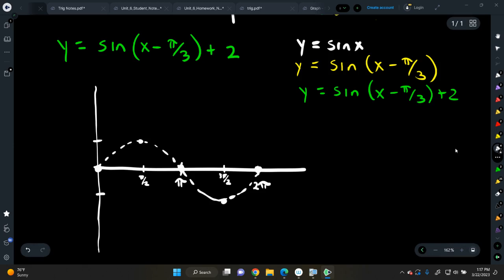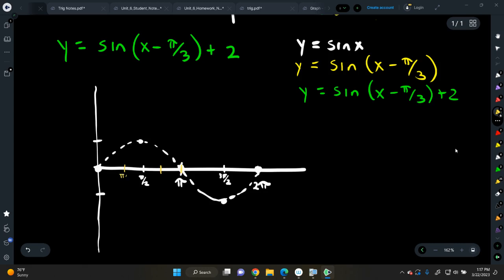So the next thing I'm going to do is my horizontal shift to the right, and it's moving pi over 3. So I need to make marks here. 1 pi over 3, 2 pi over 3, 3 pi over 3.